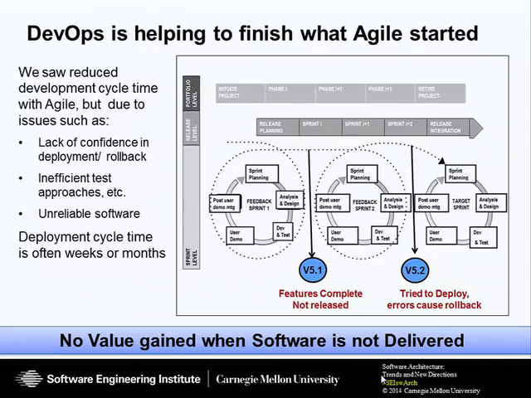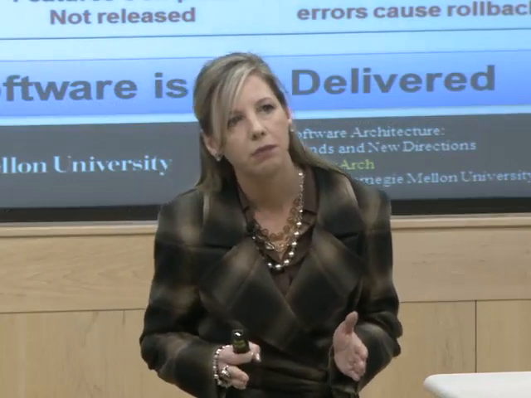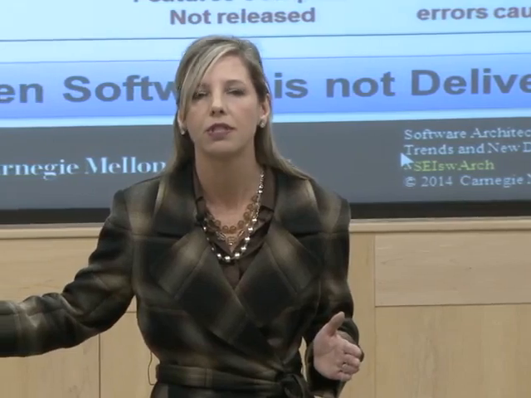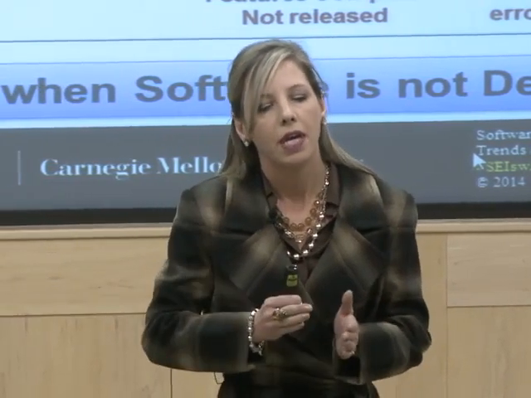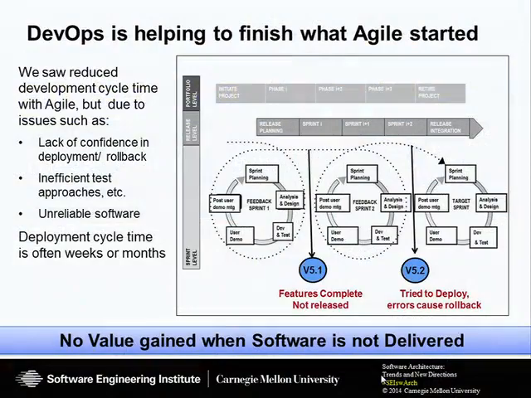However, due to lack of confidence in the deployment ability and ability to roll back, inefficient test approaches, unreliable software, and various things like that, we see scenarios where the software is ready to be fielded, the features are completed, but the deployment often takes weeks or months. So there are issues with getting the software out the door, although it's been completed. As the tagline says at the bottom, there's no value gained when the software is not delivered.